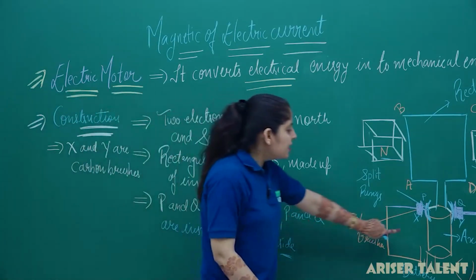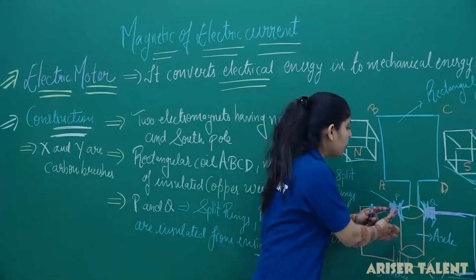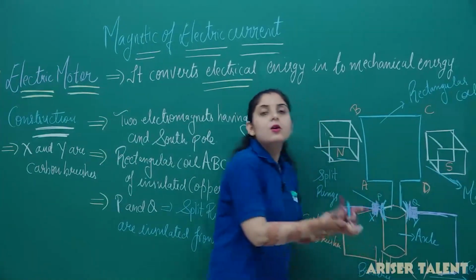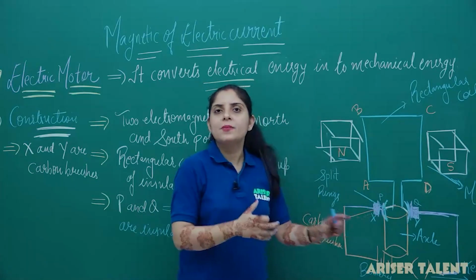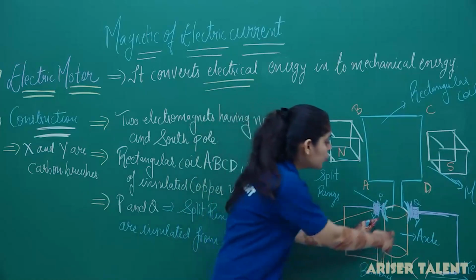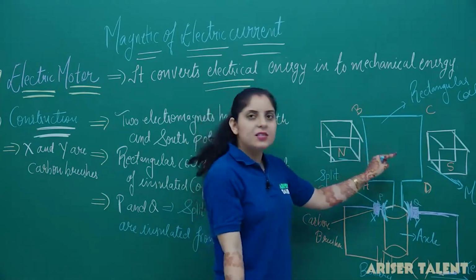Now, this part that is described here in a cylindrical form, you have to draw this part in a horizontal manner, as I have drawn in the vertical manner, because it is not possible to draw this in 3D. So this part is known as the axle, which is going to rotate along with this rectangular coil.